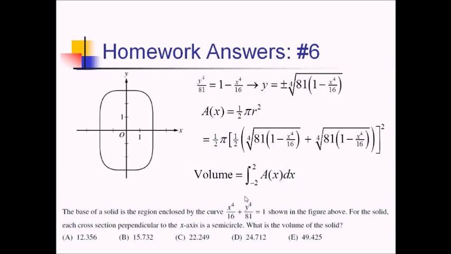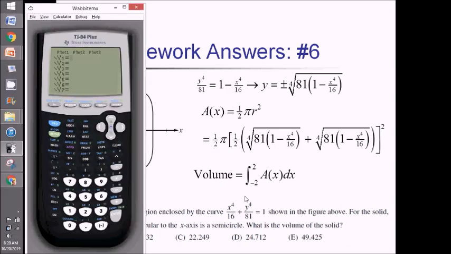Now I have to do some work on the calculator. So I'm going to do a little bit of work in my y equals, and then hopefully it'll save me a lot of work later on. First, I'm going to enter this 4th root function. So for that, I'm going to go to math, and there's a special option, math 5 here, that lets you enter special roots. So this is the 4th root that I want. There we go. You could also use the 1/4 power, but this looks fancier.